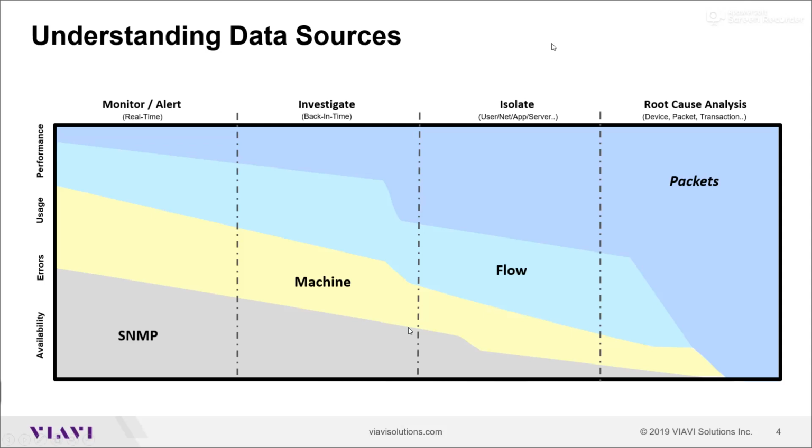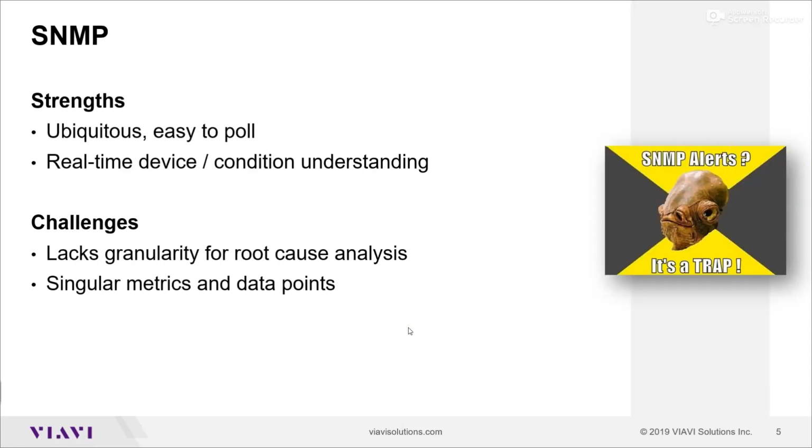Exactly. Thanks. Now, diving into each one of these a little bit further to understand the why: for each role, whether at the availability level or at the troubleshooting level, needing multiple data sources to effectively manage and troubleshoot becomes evident when you look at the strengths and the challenges of each technology.